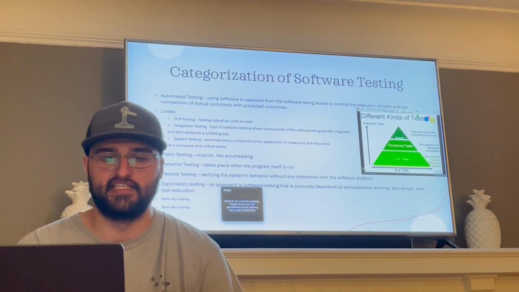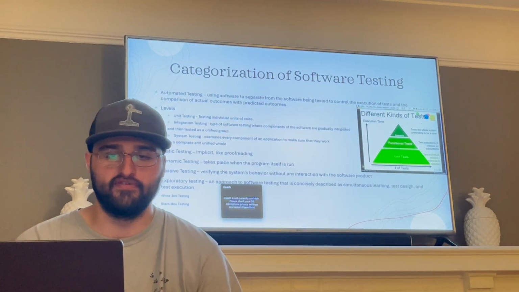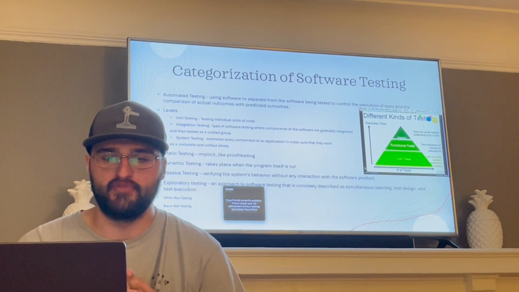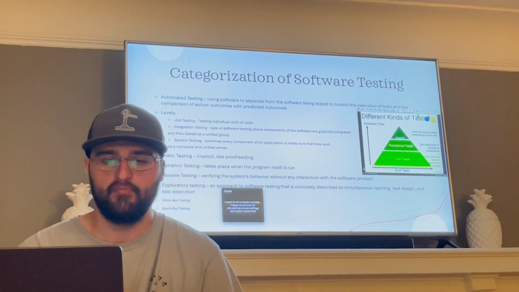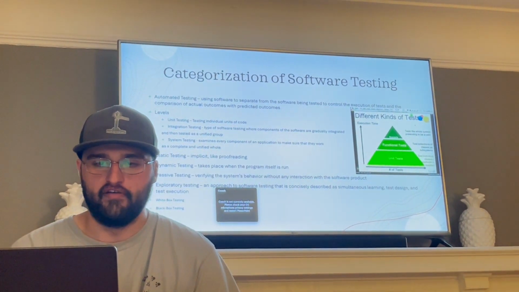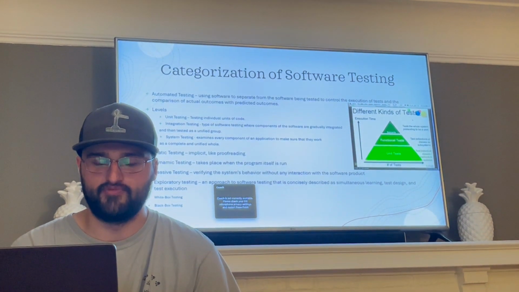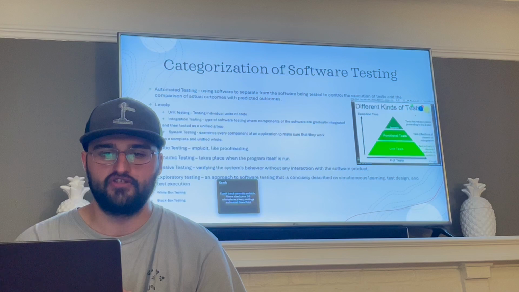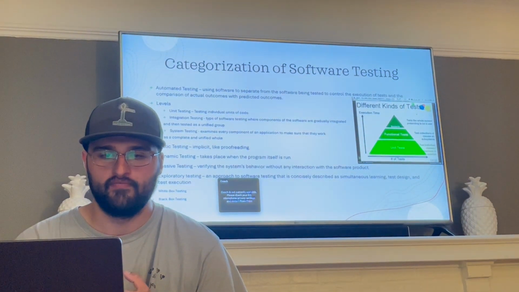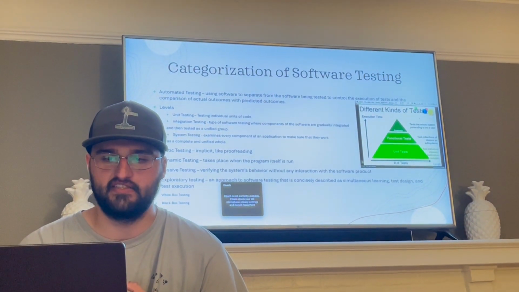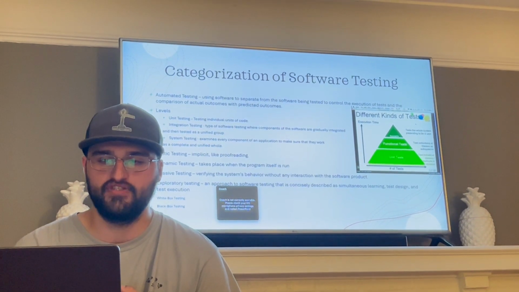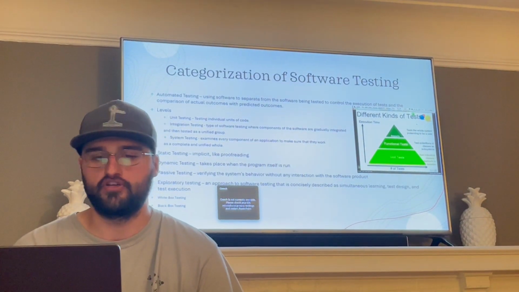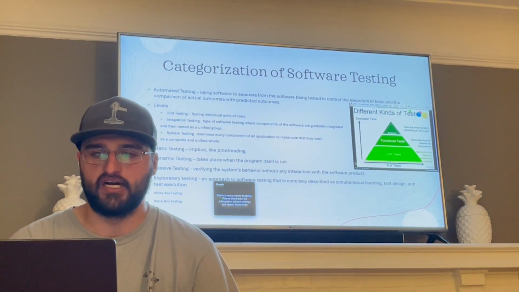There's static testing, which is implicit, like proofreading, and dynamic testing, which takes place when the program itself is run. Passive testing is verifying the system's behavior without any interaction with the software product. There's also exploratory testing, an approach to software testing that is concisely described as simultaneous learning, test design, and test execution. There's also white box testing and black box testing.